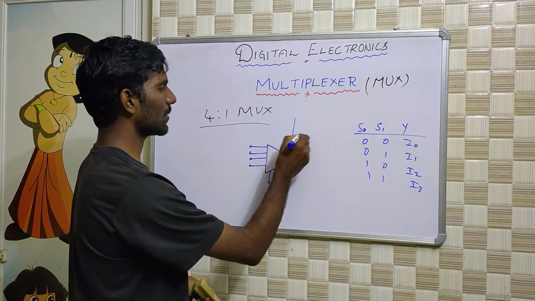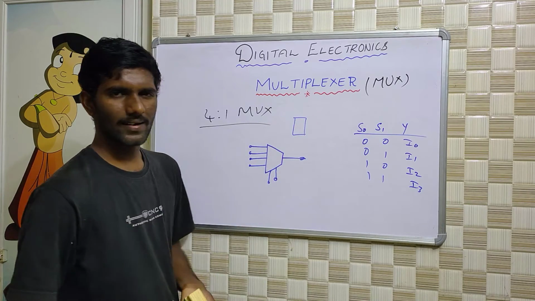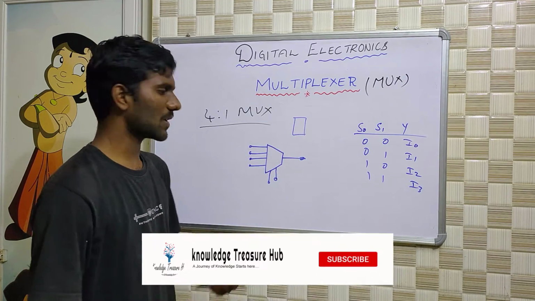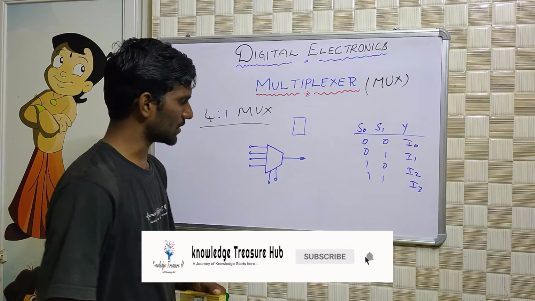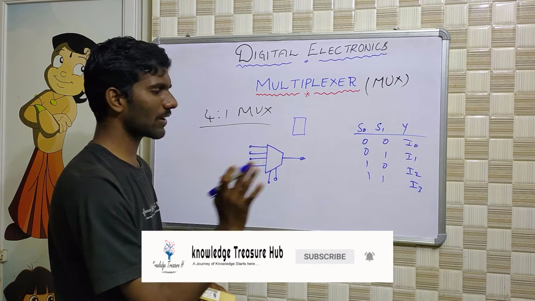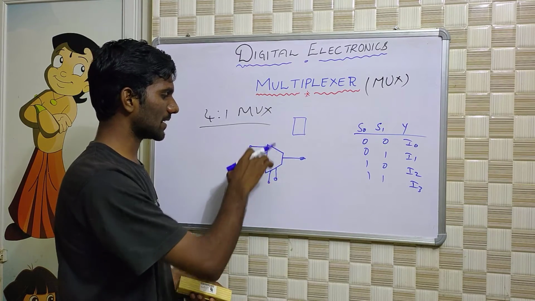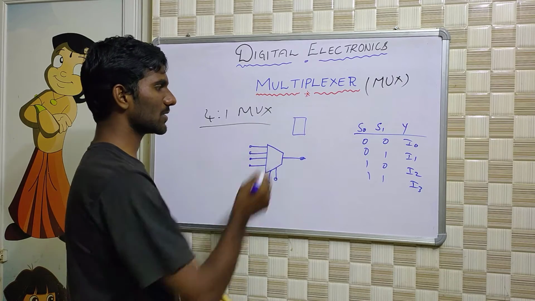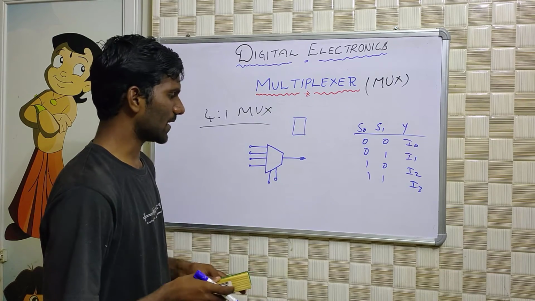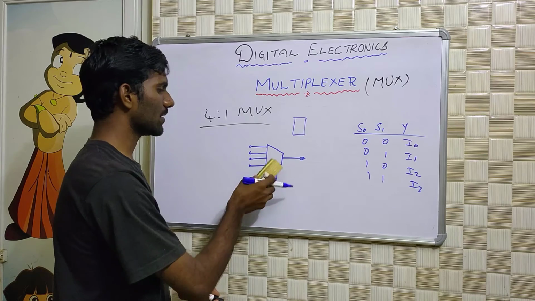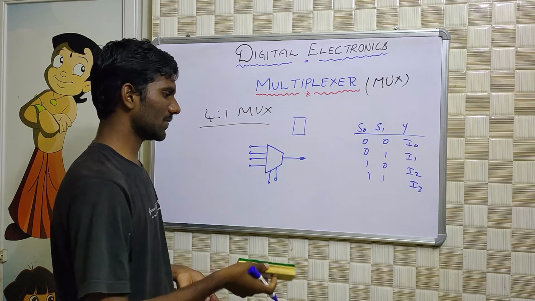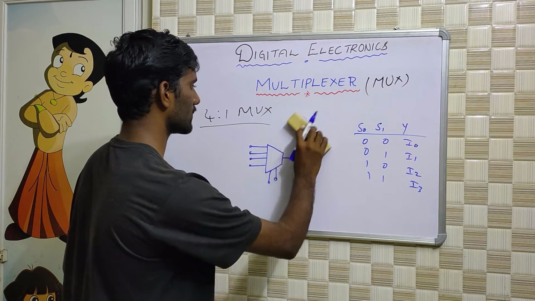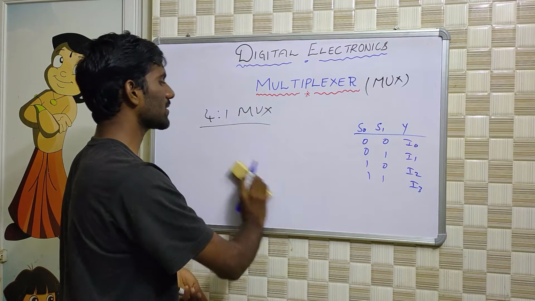But we can represent it as a square or rectangle, based on our convenience. So don't get confused. In the book it is like this, here we are using a rectangle. You can follow this one or this one, as you wish. So this is the 4 by 1 MUX.